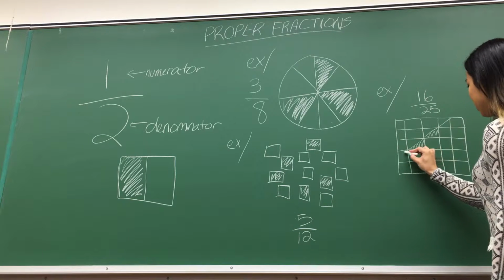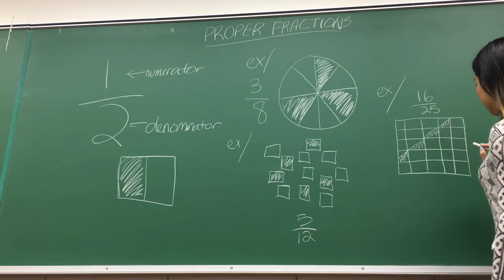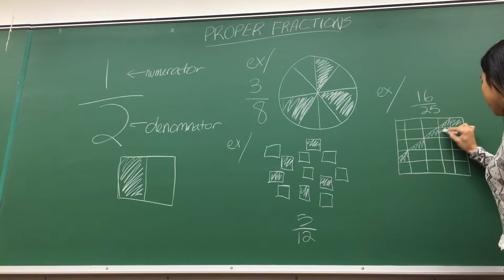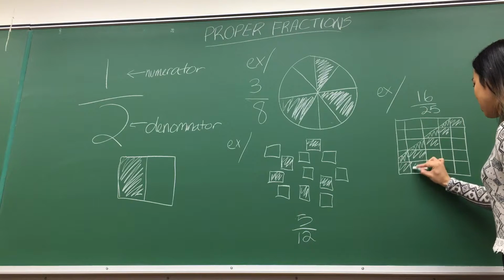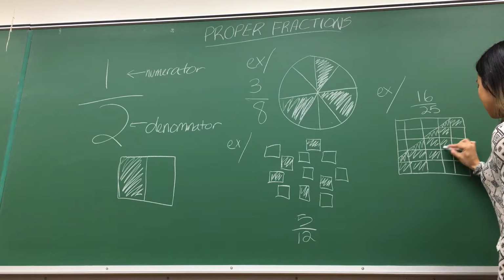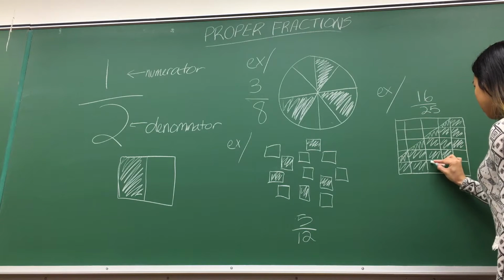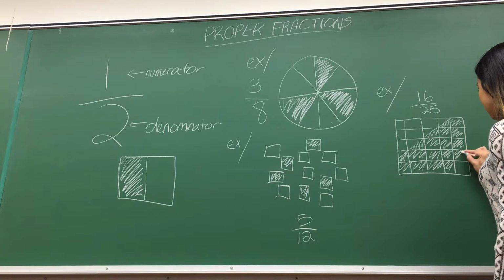So let's keep counting here. This will make me have 2. Okay, and then that's 3, 4, 5, 6, 7, 8, 9, 10, 11, 12, 13, 14, 15, and 16.